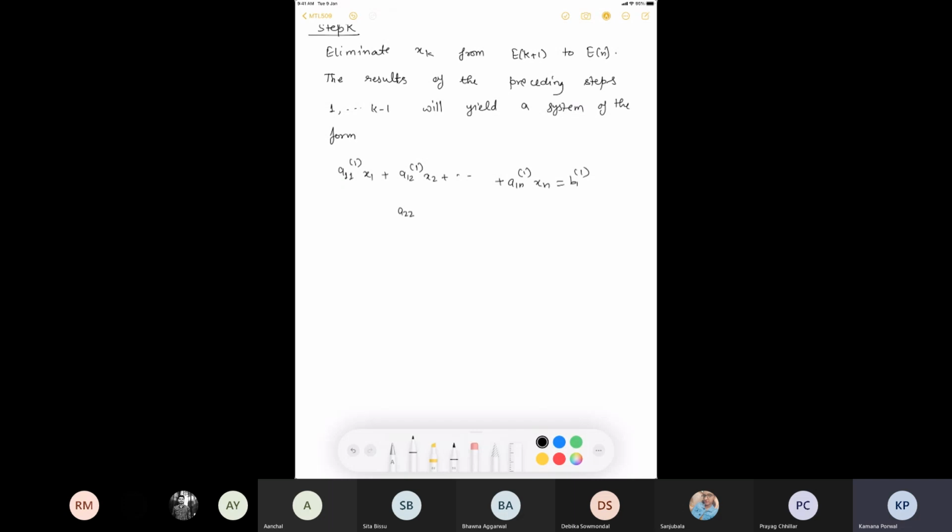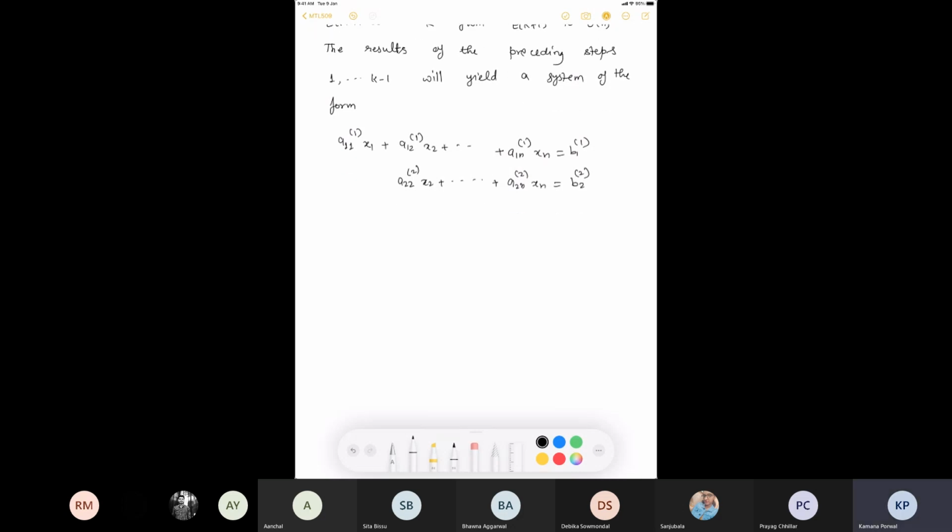So this will be a22 x2 up to a2n xn, this equals b2 2, right? And this will continue up to I will reach this step akk kxk up to akn kxn, this equals bk2.